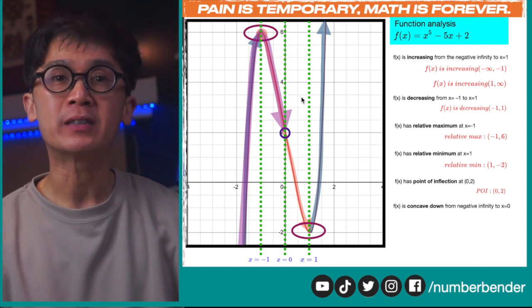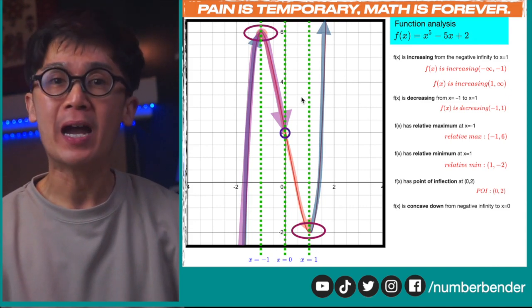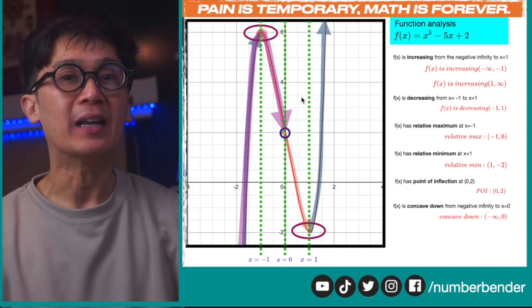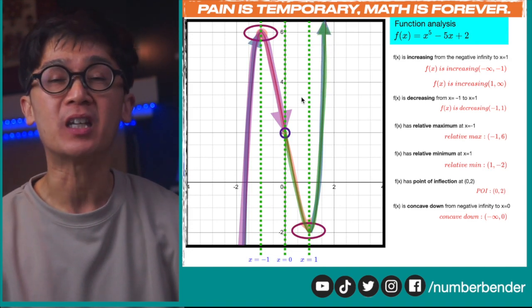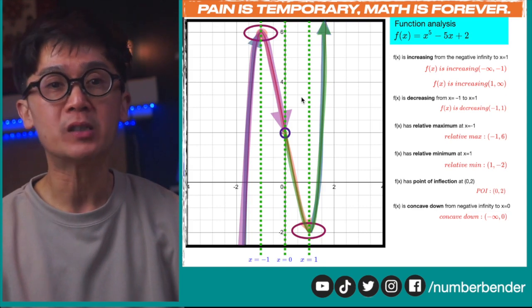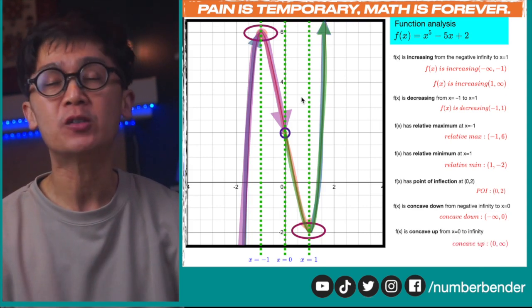And of course, if we have concave down, we notice that our function also has concavity going upwards. And this is the interval of our function where the concavity is going up. And this is from 0 all the way to positive infinity, which we can write down in a set notation similar to this one.